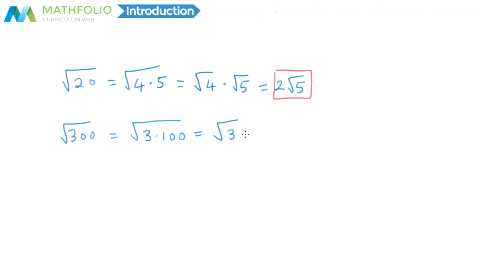This is the same as radical 3 times radical 100, and the square root of 100 is 10, so again we can bring out the 10 and just put it in front of the radical 3, and so this would be our simplified version of radical 300.